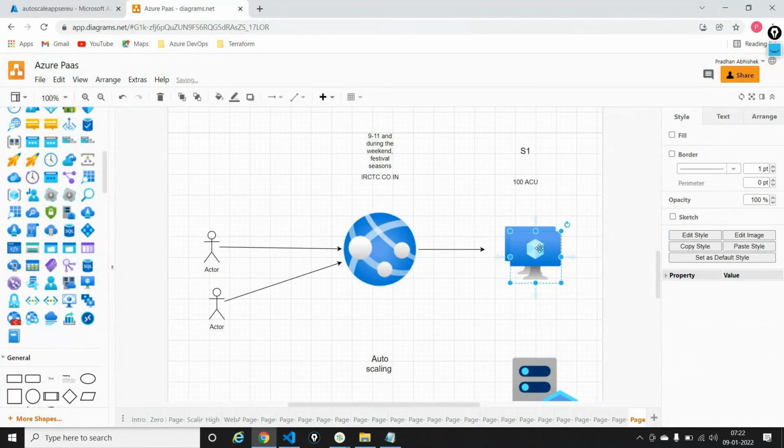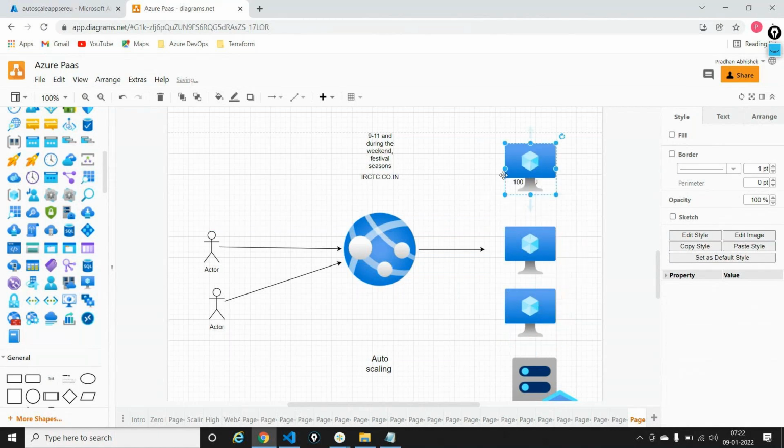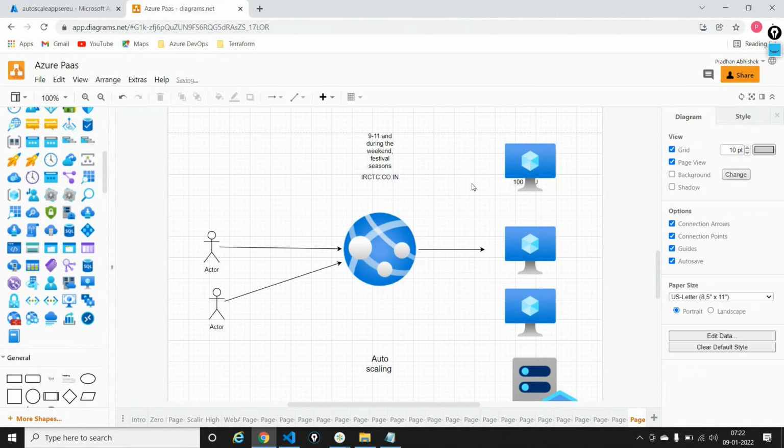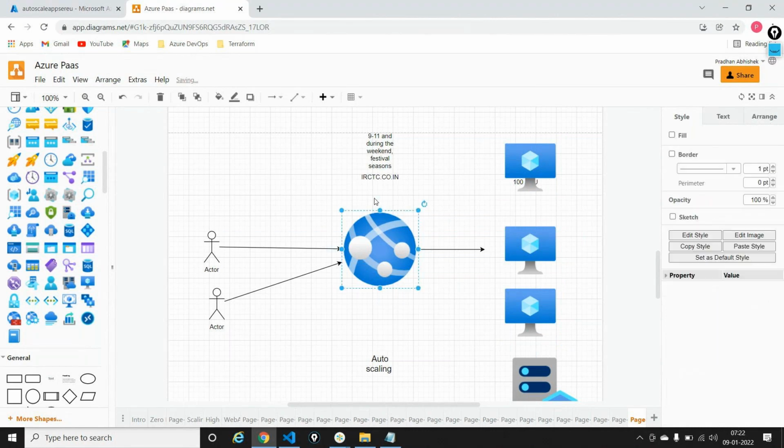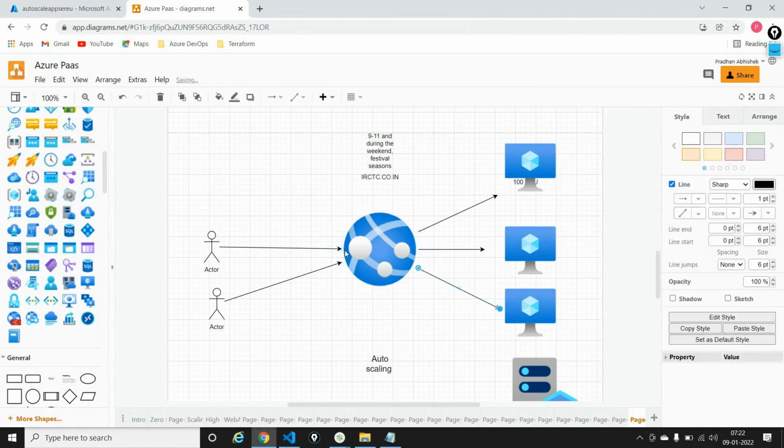These are instances running in the backend, nothing but virtual machines, but Azure just calls them instances. So rather than changing a plan, you're trying to accommodate the load and traffic by scaling, increasing the backend instances so that your requests can be diverted internally to the three virtual machines and they can handle it.